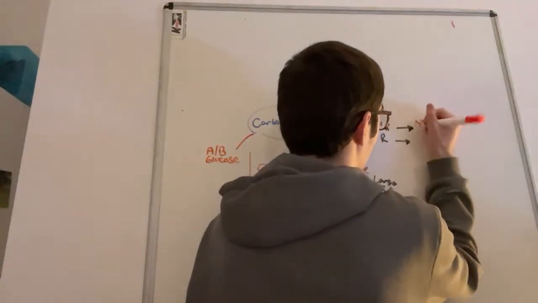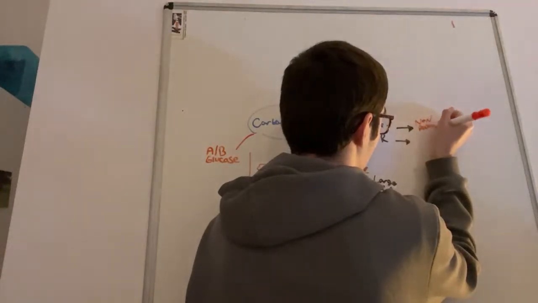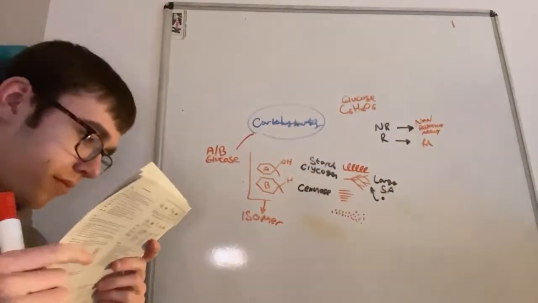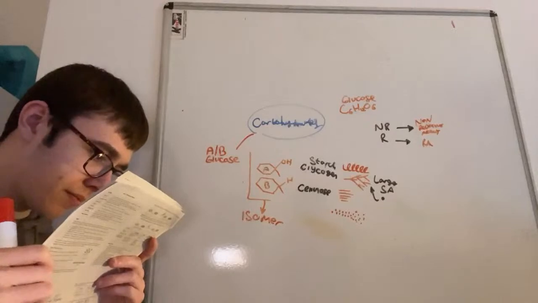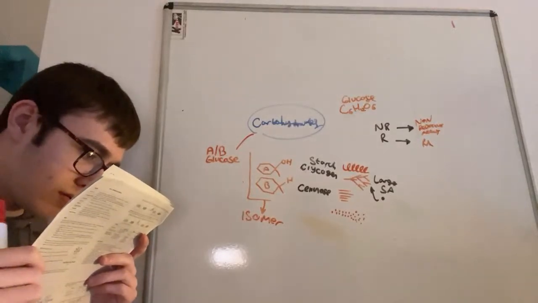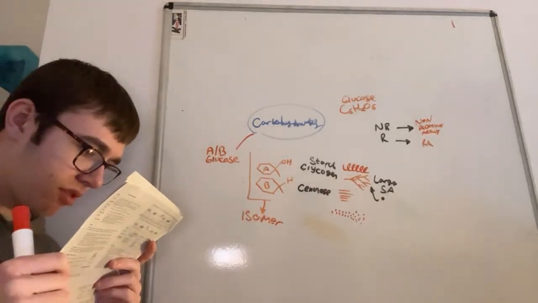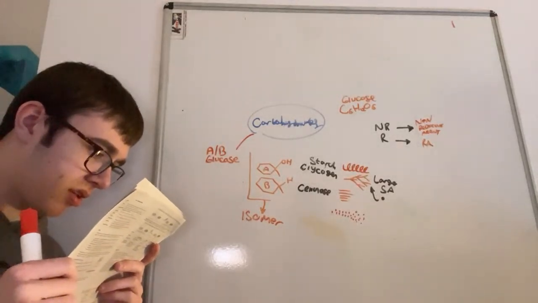So that is obviously a reducing agent, and that is a reducing agent. But what is it? I cannot recall. A sugar that serves as a reducing agent. That's all it says, apparently.